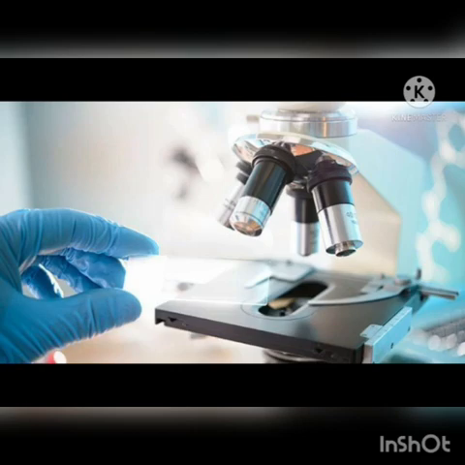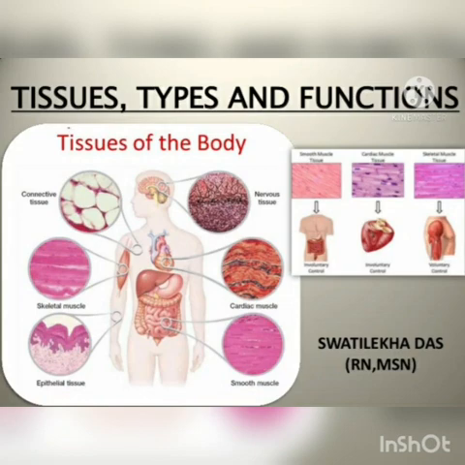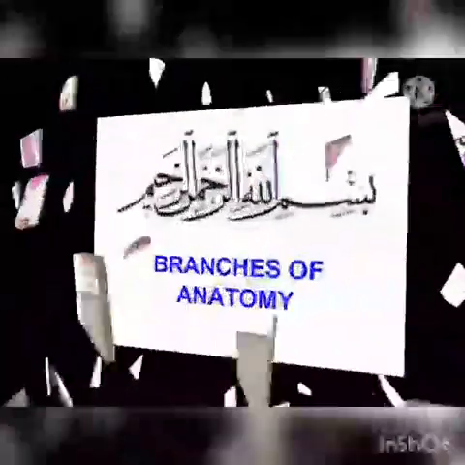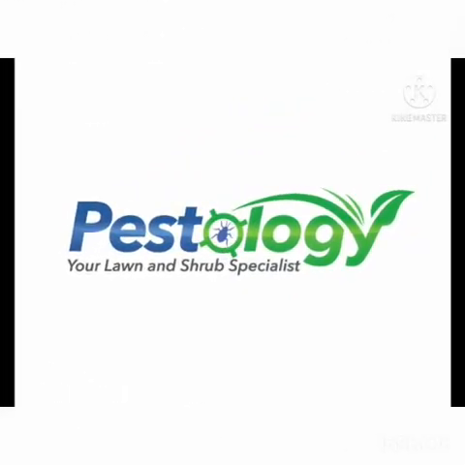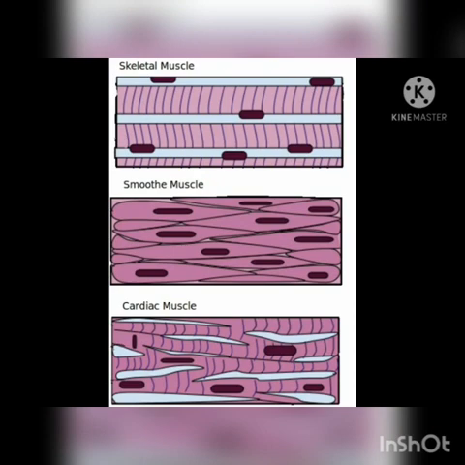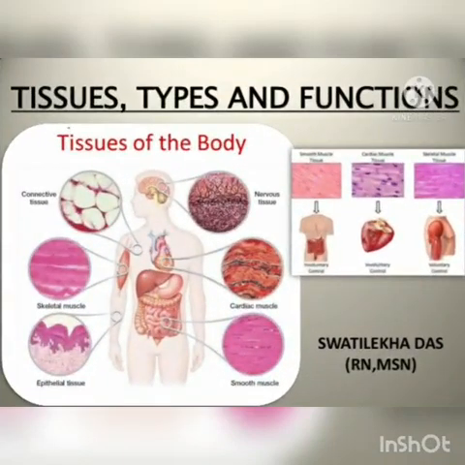So take a small piece of tissue. The other name for tissue is dose. The branch of anatomy that studies this is called histology. You prepare the tissue, there is a process we have to follow, and finally what happens?